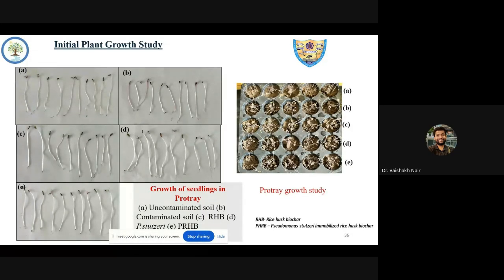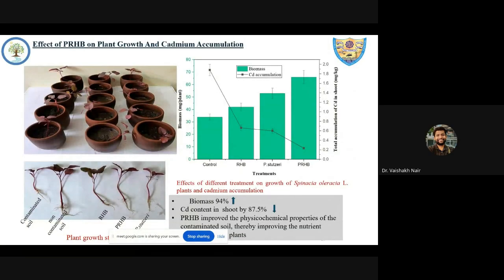And biochar is already known to be a soil enhancer. So you can see that this material, which had the bacteria as well as the biochar, not only removed the metal ion, but it also enhanced the soil. And we further did some studies. The plant was further grown in pots.